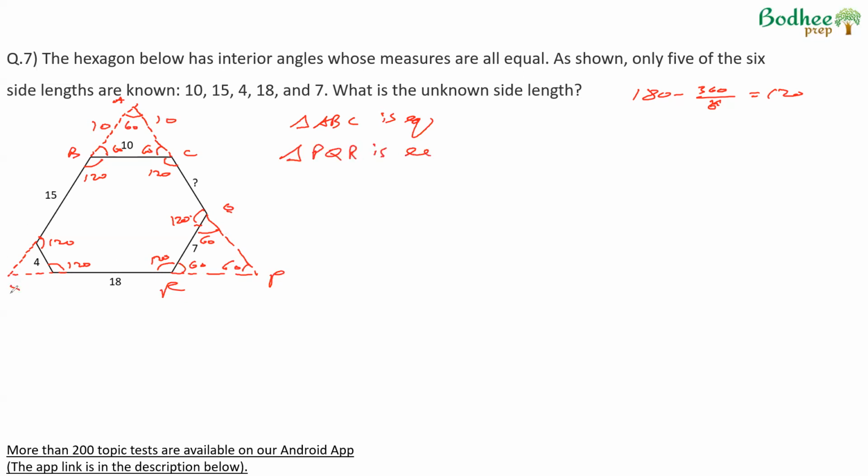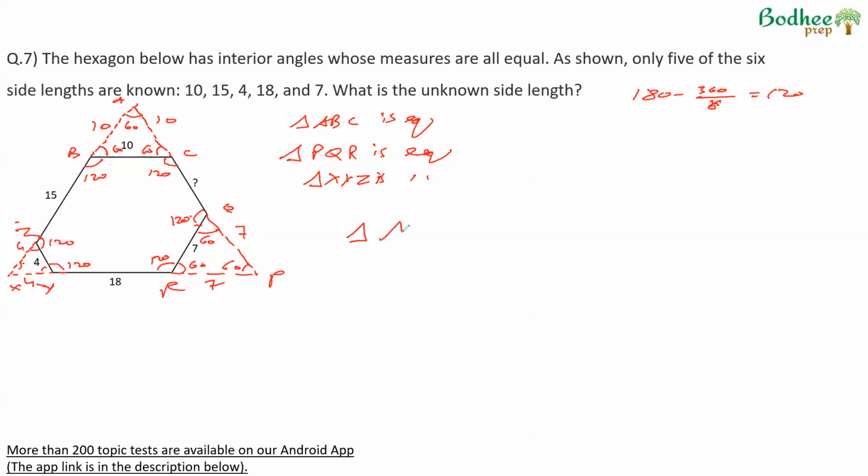And suppose this triangle is XYZ. By similar logic, XYZ will also be equilateral. 60, 60, 60. And therefore, these three sides of PQR will be 7, 7, and 7. These will be 4, 4, and 4 because YZ is 4.